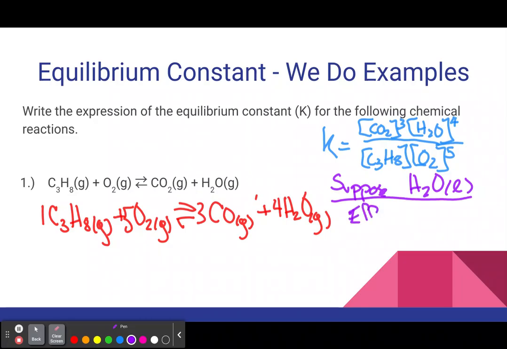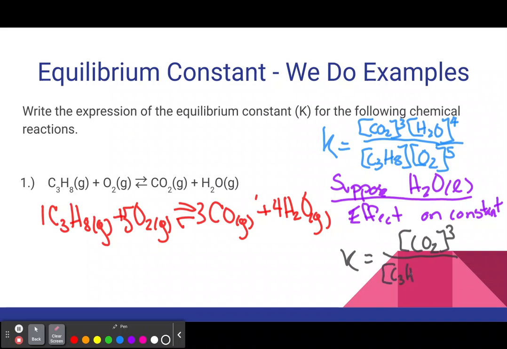If water was a liquid instead of a gas here, our constant would just be the concentration of CO2 cubed over the concentration of propane times the concentration of O2 to the 5th power.